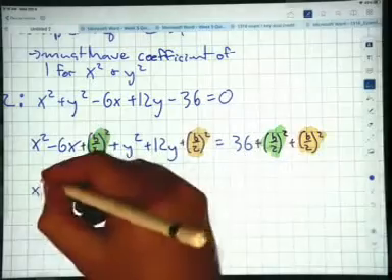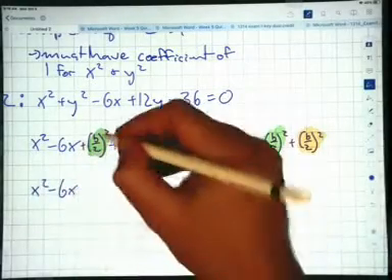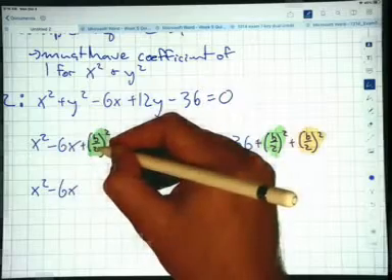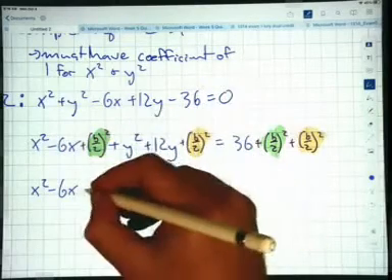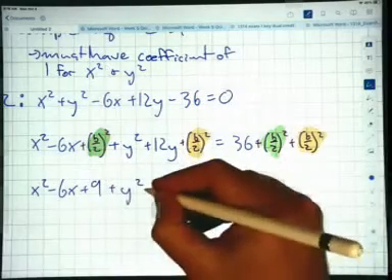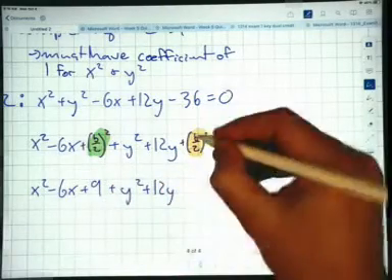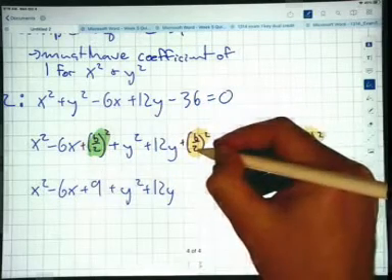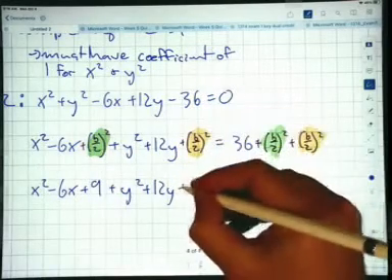B is negative 6, so negative 6 over 2 is negative 3, squared is 9. B is 12, so 12 over 2 is 6, squared is 36.